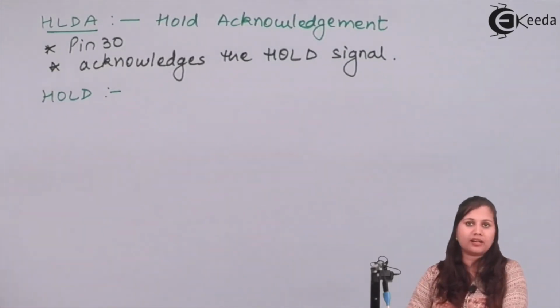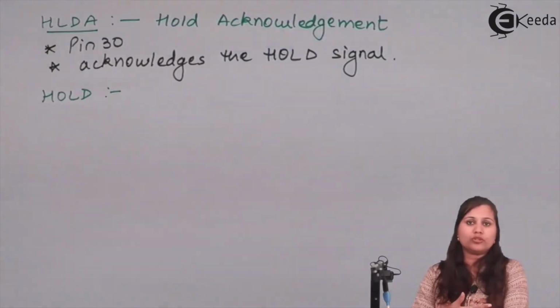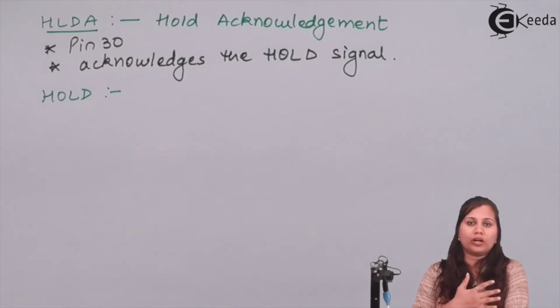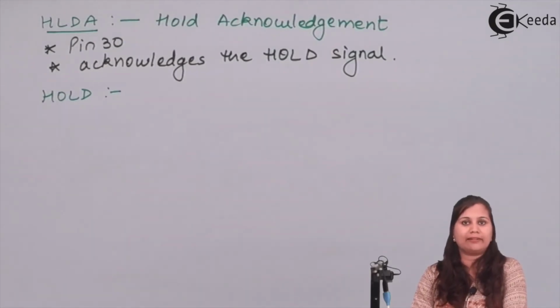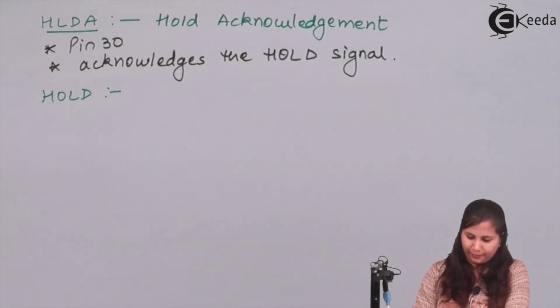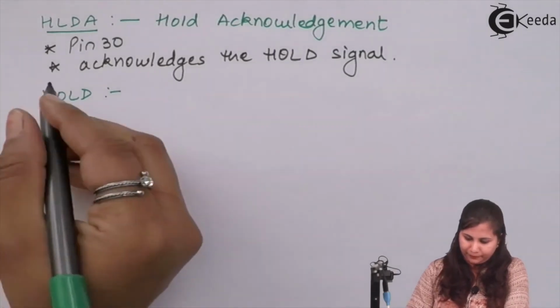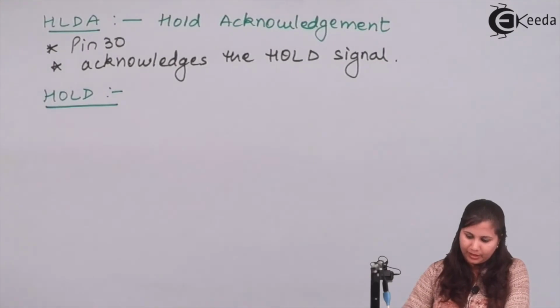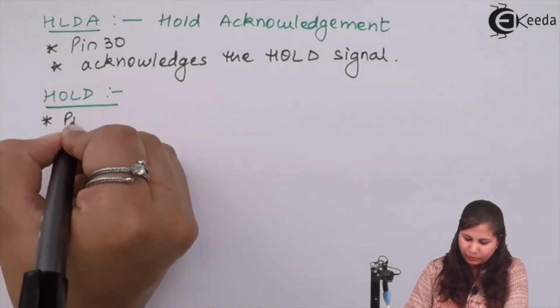So hold is a request given to the 8086 that the other processors want the control of its buses like address bus, data bus, and the control bus. It is available at pin number 31.